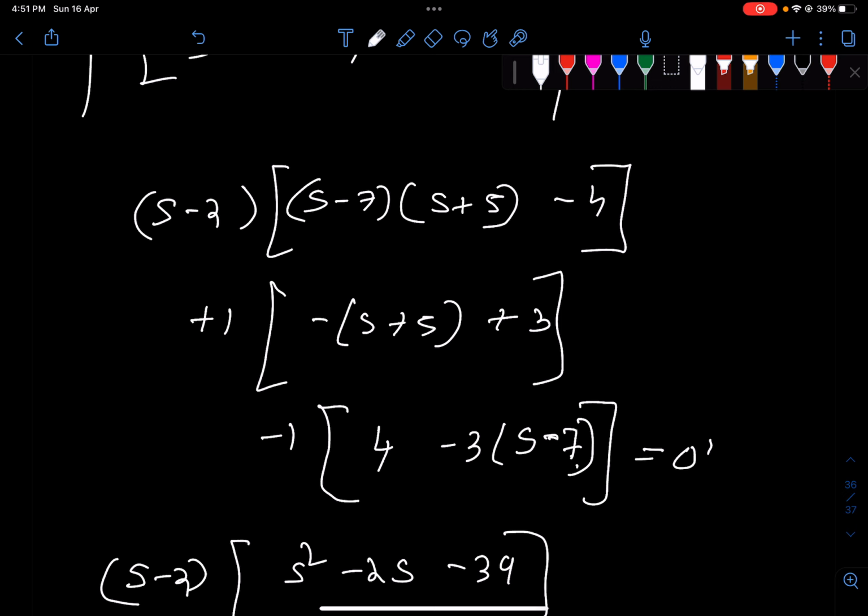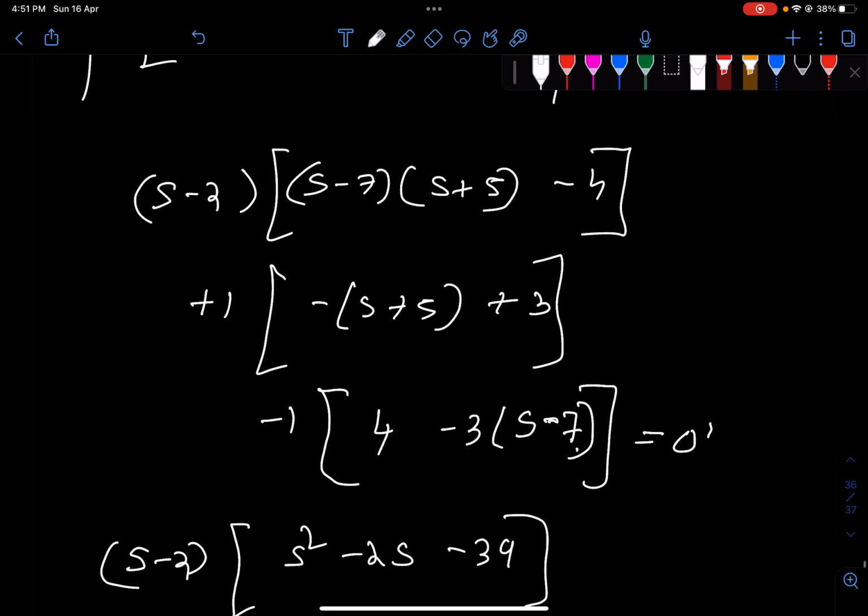So let me take x minus 2 into x minus 7 into x plus 5 minus 4. That's plus minus x plus 5 plus 3 minus 1 into 4 minus 3 into x minus 7. That's it, guys. Simplify.